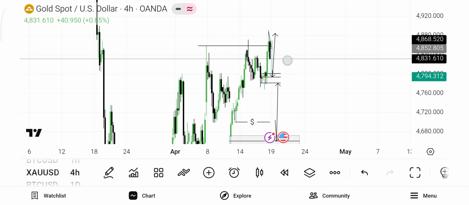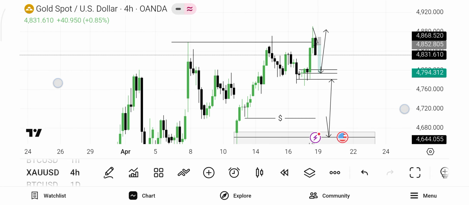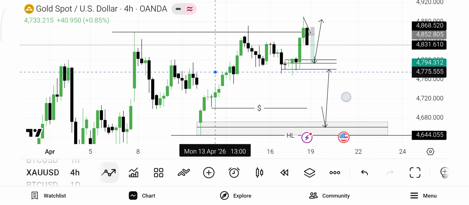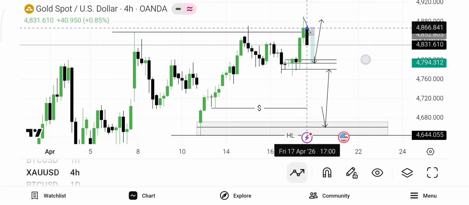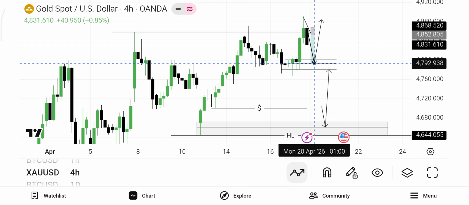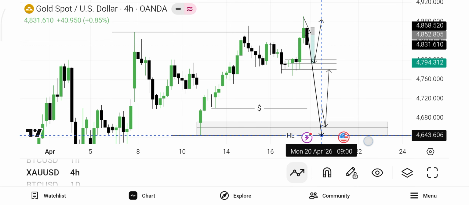If this first zone here did not hold, the next zone I'm looking at is this one.